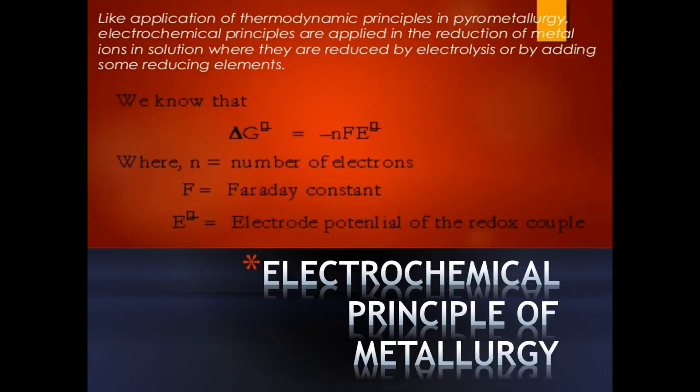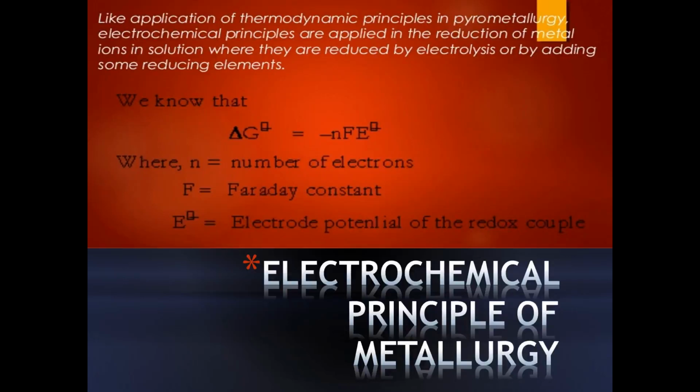Here delta G is the Gibbs free energy change, which we already saw in thermodynamics. So for the electrochemical process the formula is delta G naught equals minus nFE naught. If the E naught value is positive, then the delta G value is negative and the reduction is spontaneous.